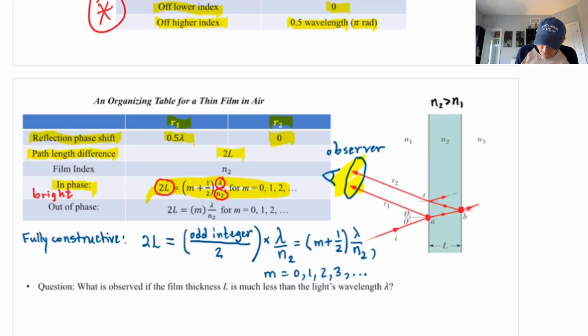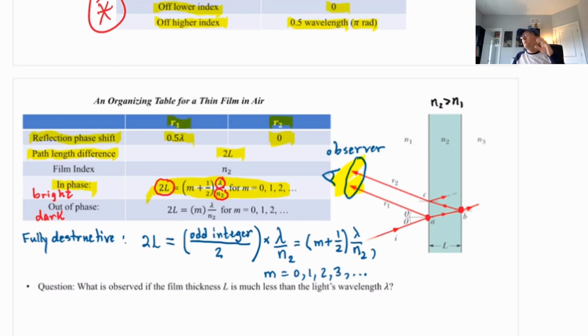Let's also get this condition for fully destructive interference, where the observer is. Darkness. So now we want the net effect of the two waves at the observer to be out of phase. Well, we already got them out of phase from the reflection effect.